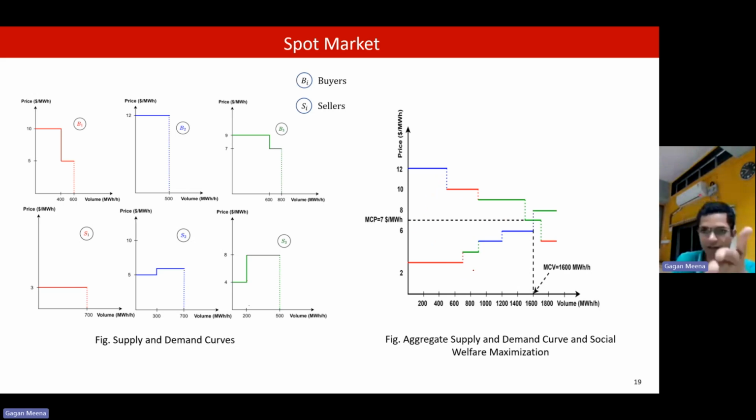If there is some bottleneck, some transmission line hitting its limit, in that case, the volume which will be shared will be less. Right? Let's say only this much transmission capacity is available. In that case, the price increases. It becomes around 8.9.